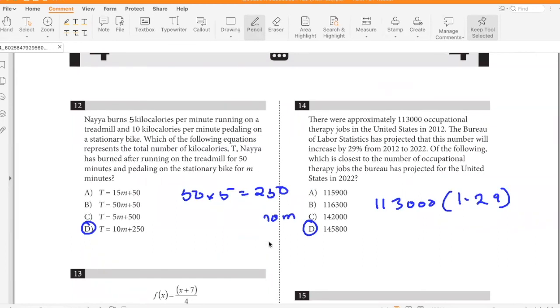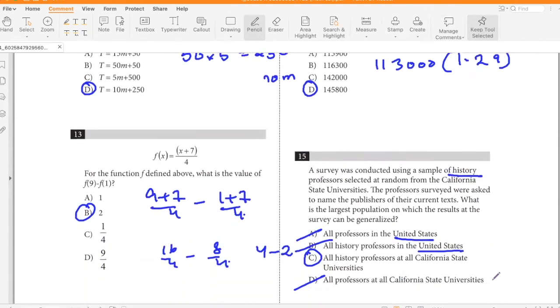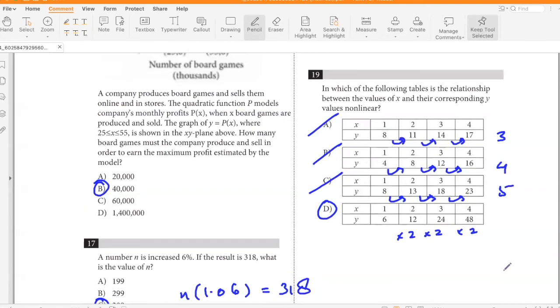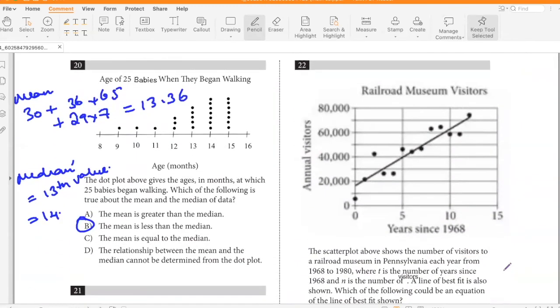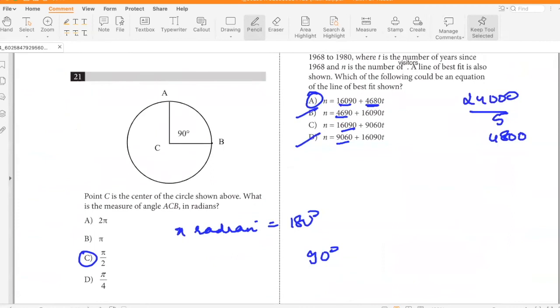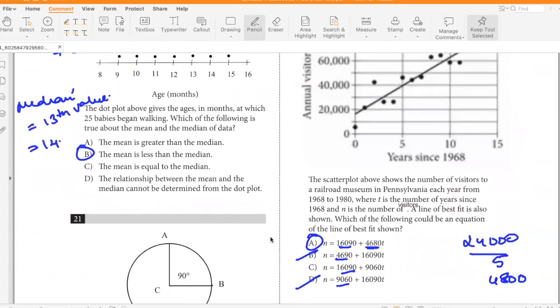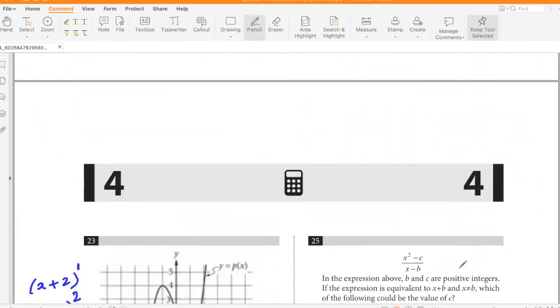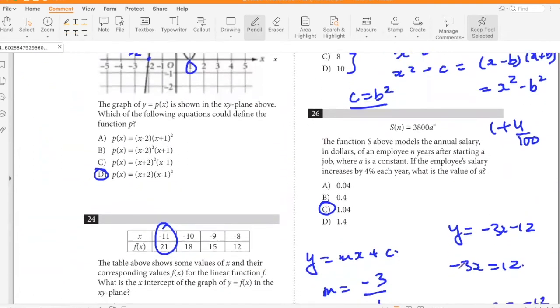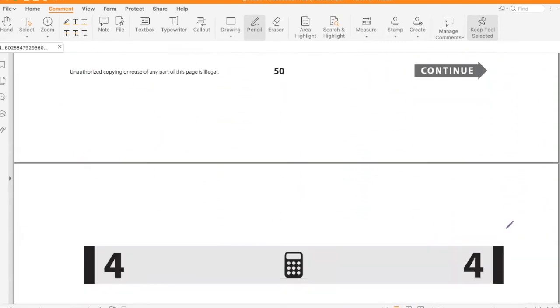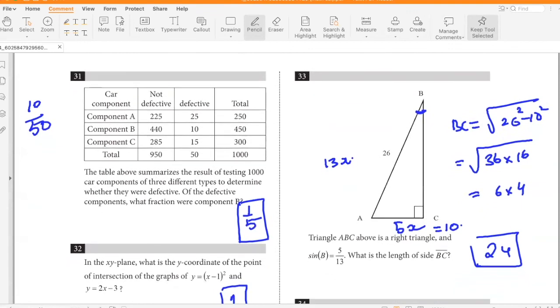D B D C B. 17. C A D B C. 22nd. A D B A C D. 28. ADA. 31.